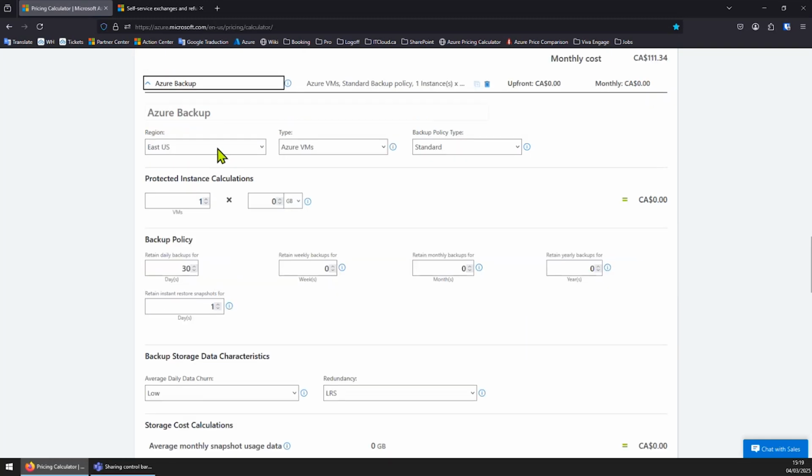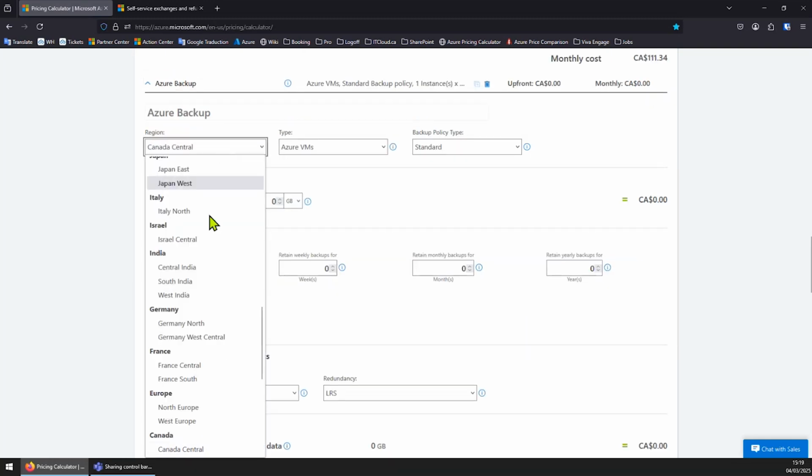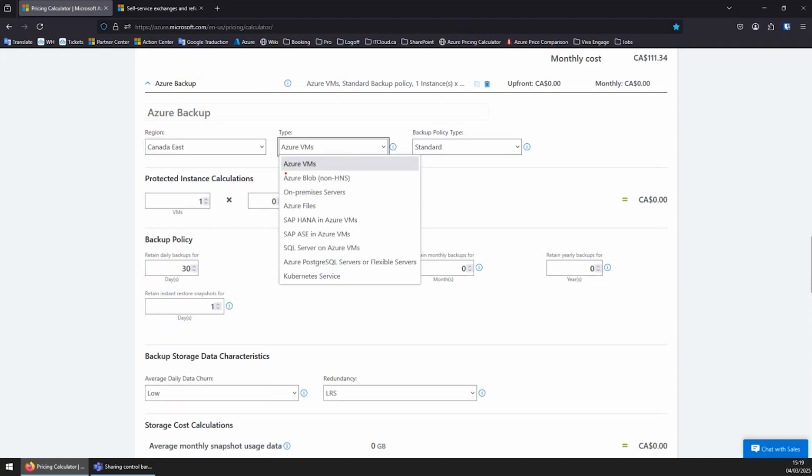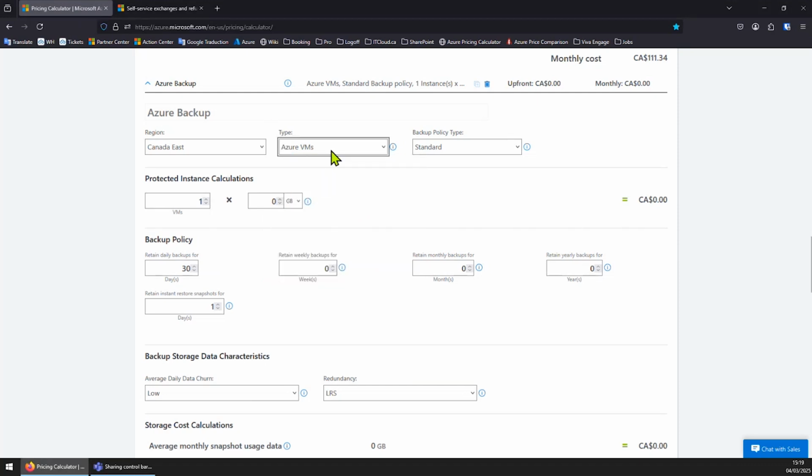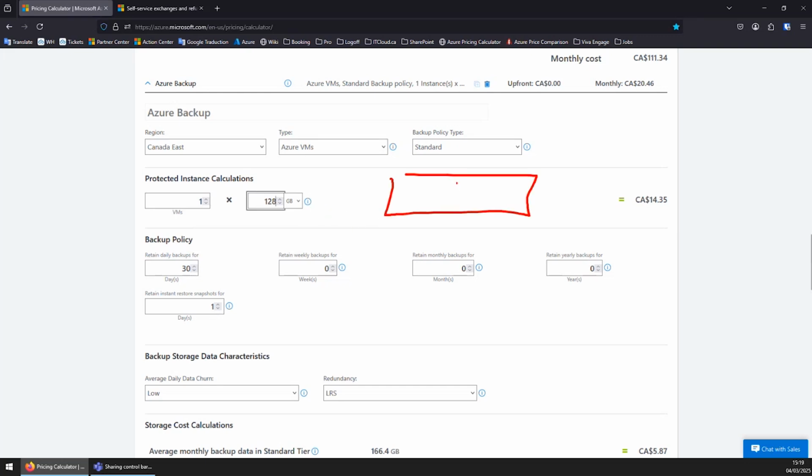Oops, backup. Configure it in the right data center. Where is Canada East? Of course, we can back up a lot of stuff, but let's play with Azure VM for now. We will use a standard backup policy. It will be enough for now. We will back up one VM, and worst case scenario, your disk will be full. But remember, from day one, I hope so, your disk will be full, maybe, and this data will be compressed from the Azure perspective.